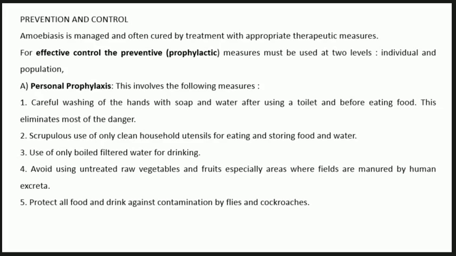Also very important, protect the food and drink against contamination by flies. So always cover the food. Cockroaches should not be there too much in your house. They may also carry the metacyst everywhere. Flies are even more dangerous than cockroaches because they can fly, they sit anywhere and they come back and sit on your hand or on the food.